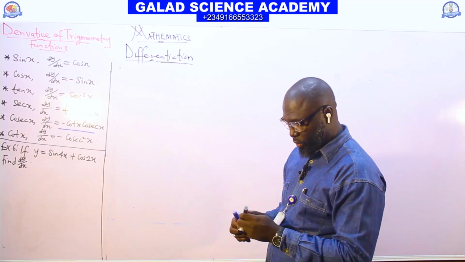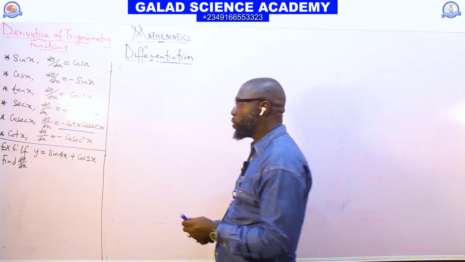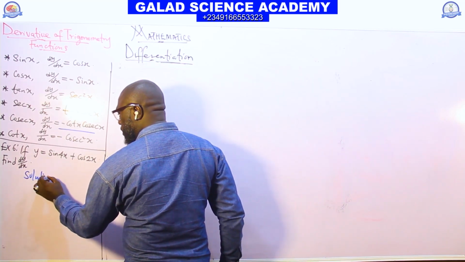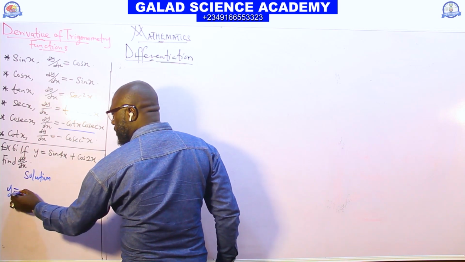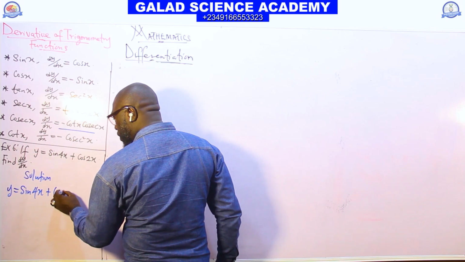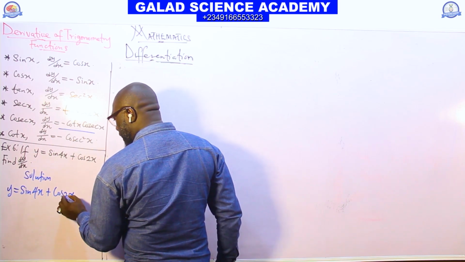If you are given this kind of question, you have to find dy/dx. How are you going to solve it? Solution: y is sine 4x plus cos 2x.